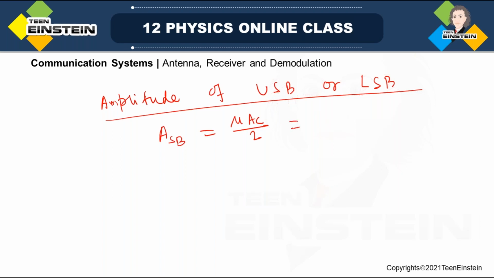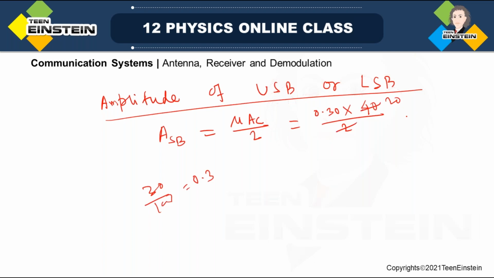What is the mu here? Mu is actually the depth or index, that is 0.3, because it is 30 percent divided by 100. That means 0.3 is the index or depth. And AC is 40, the given amplitude of the carrier wave.